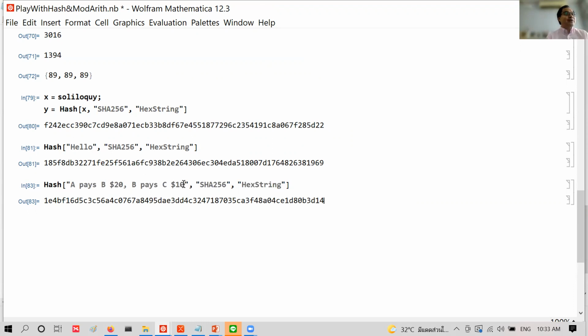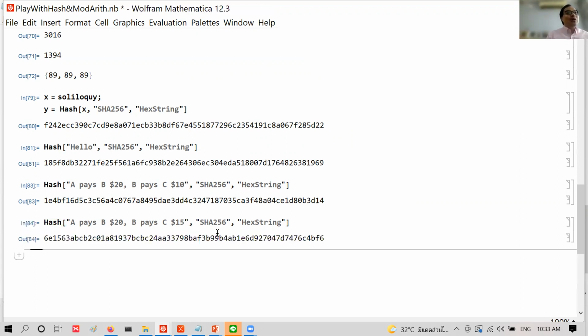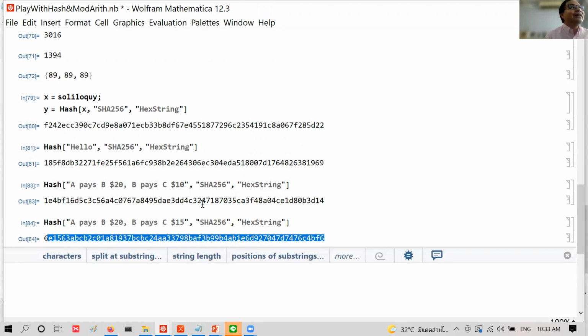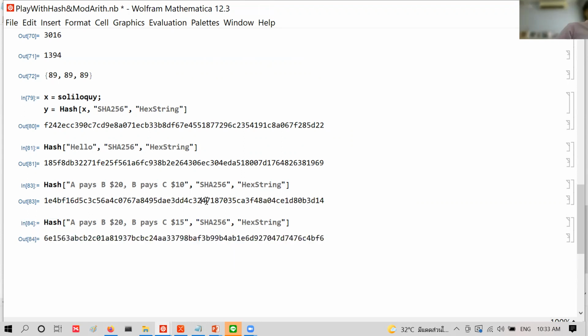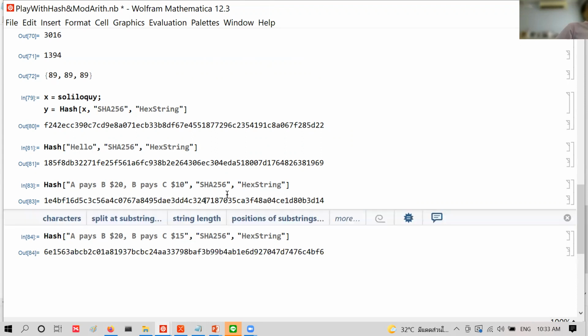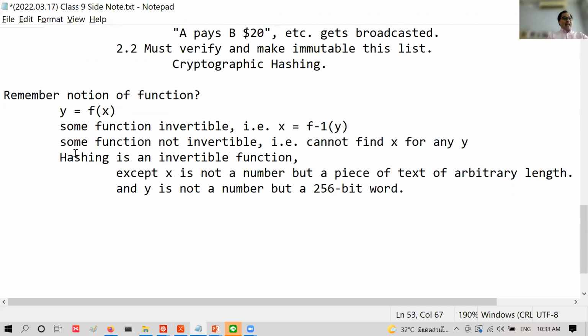Remember the word immutable? Let's say I want to cheat a little bit. I want B to pay C 15 because I am C, I'm cheating. Look what happened. The hash is unrecognizably different from this. And that is the key property of the cryptographic hash function.